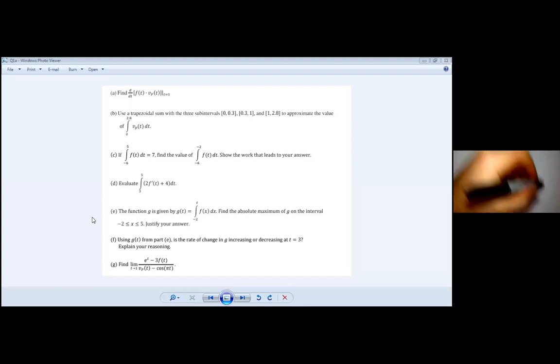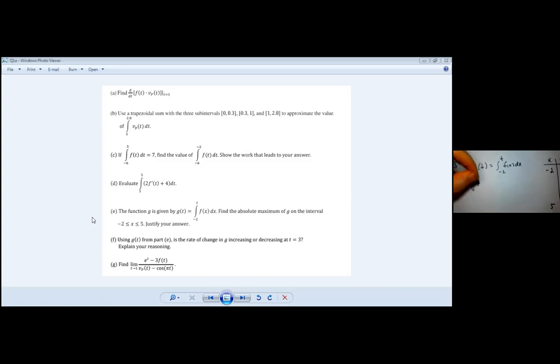So first things first, I'm going to make a table, and I'm going to list my endpoints, -2 to 5. Easy enough. I have endpoints, and I need critical points. How do I find critical points? I find critical points by taking the derivative and setting it to 0. Well, what's the derivative?